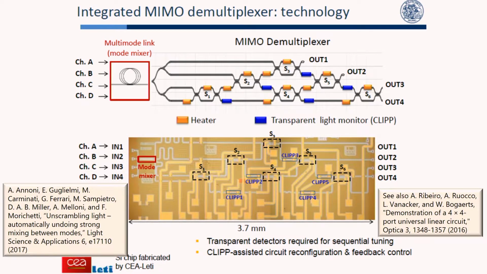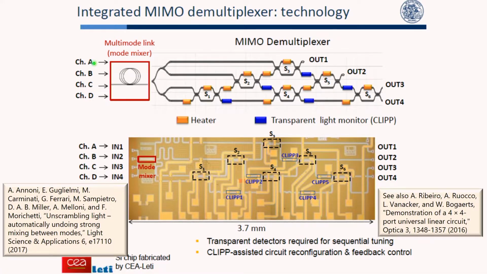And this is exactly what my colleagues at the Politecnico di Milano did. They took 4 separate fiber inputs and combined them in a multimode mixer so that when they came out, they were completely mixed up.